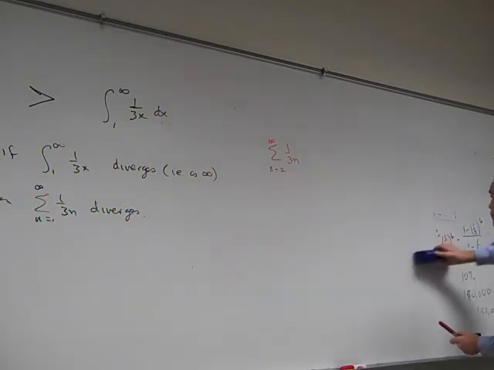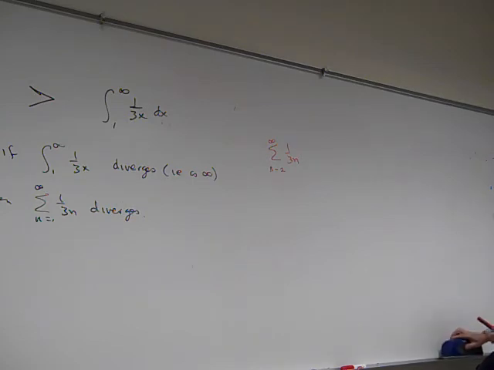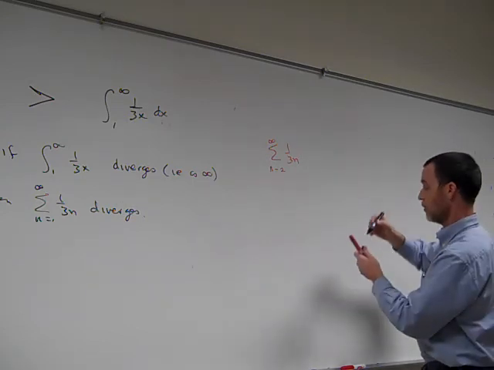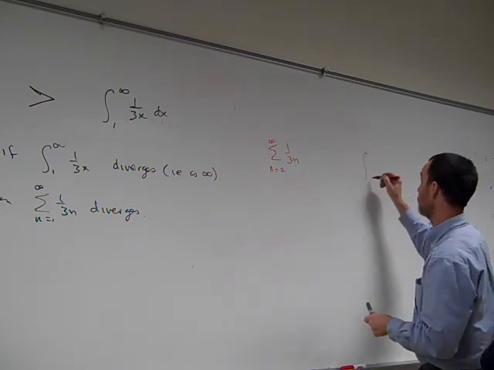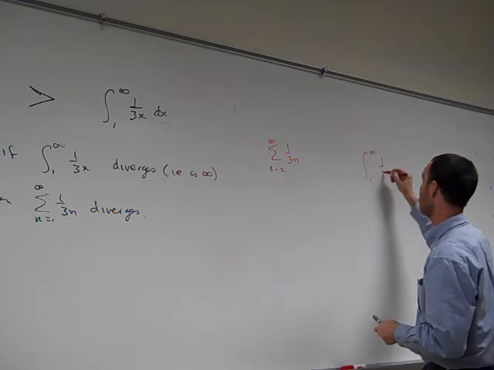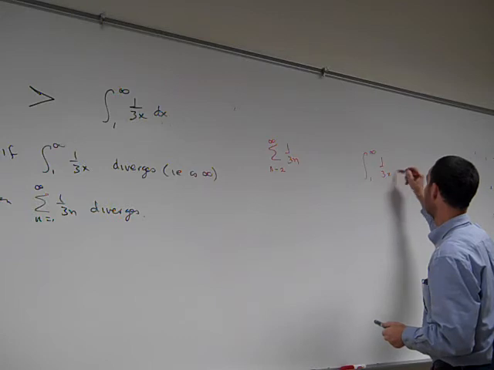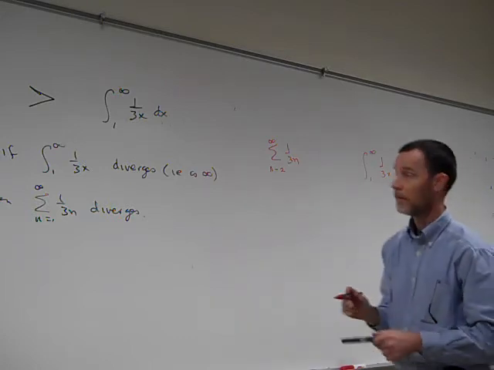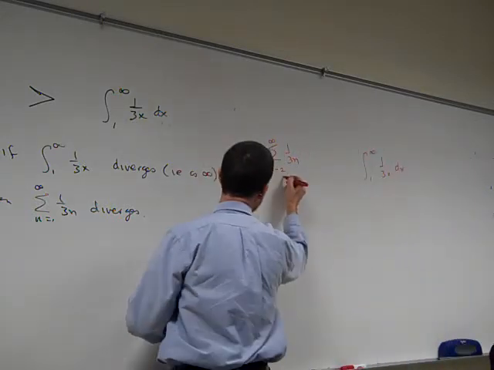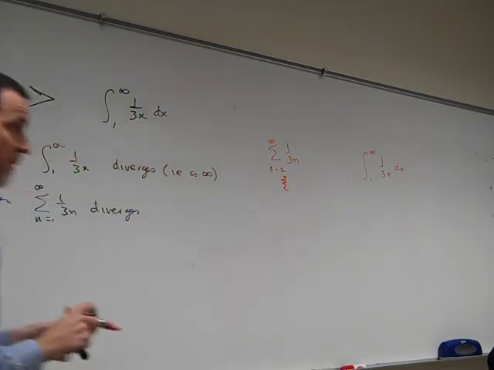Now, how does that compare to the integral from 1 to infinity of 1 over 3x? The only difference I look at is that 2, right?